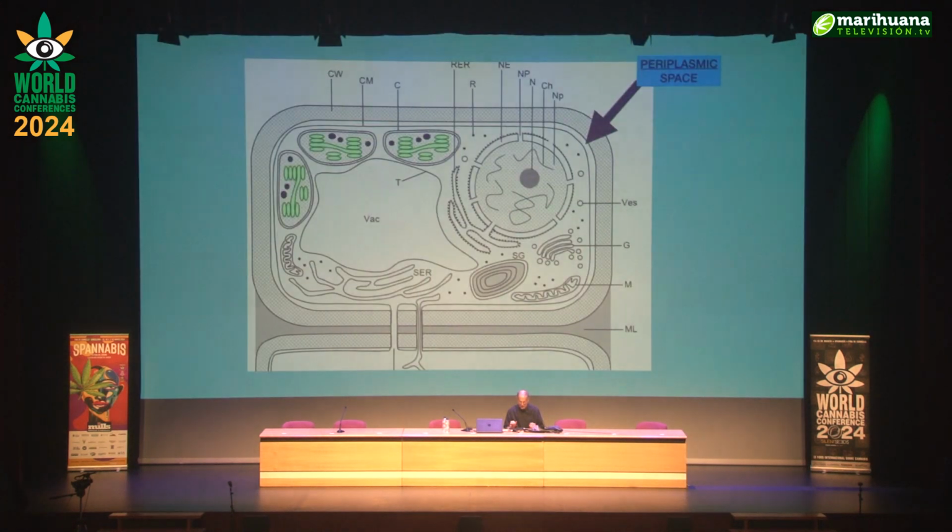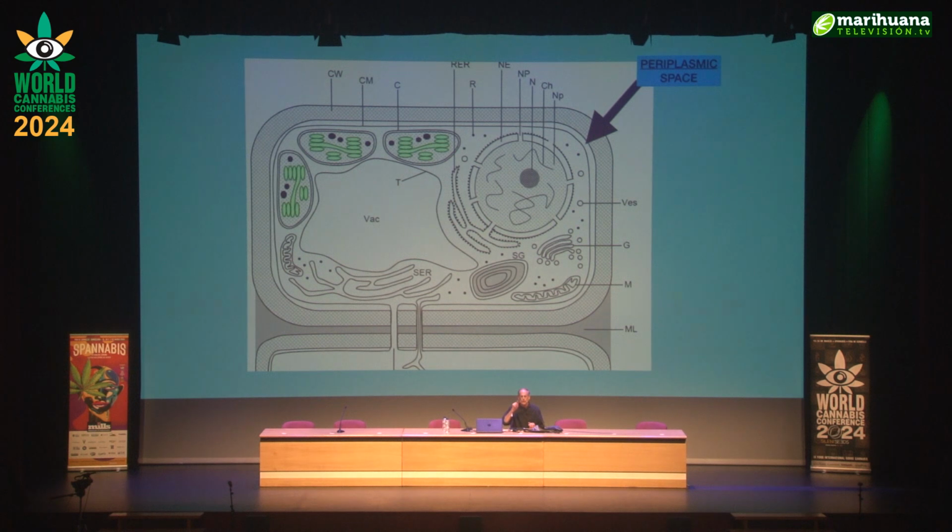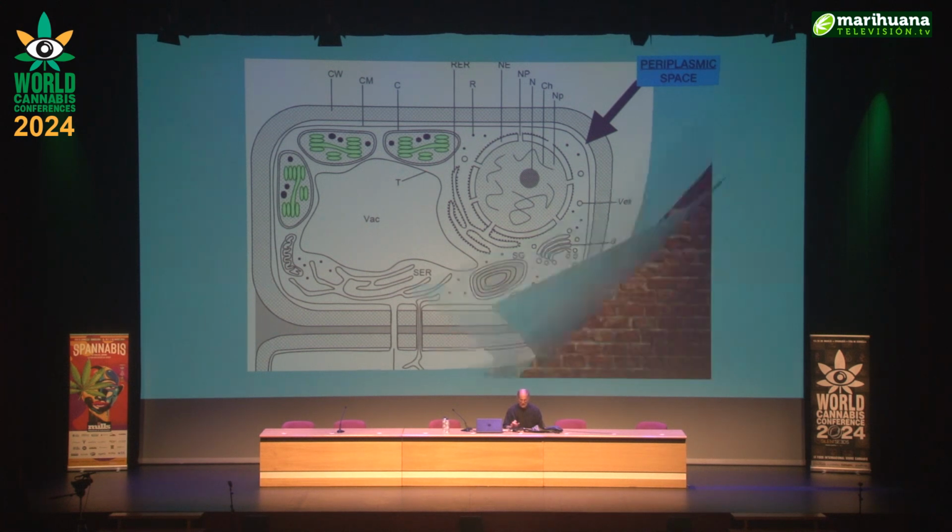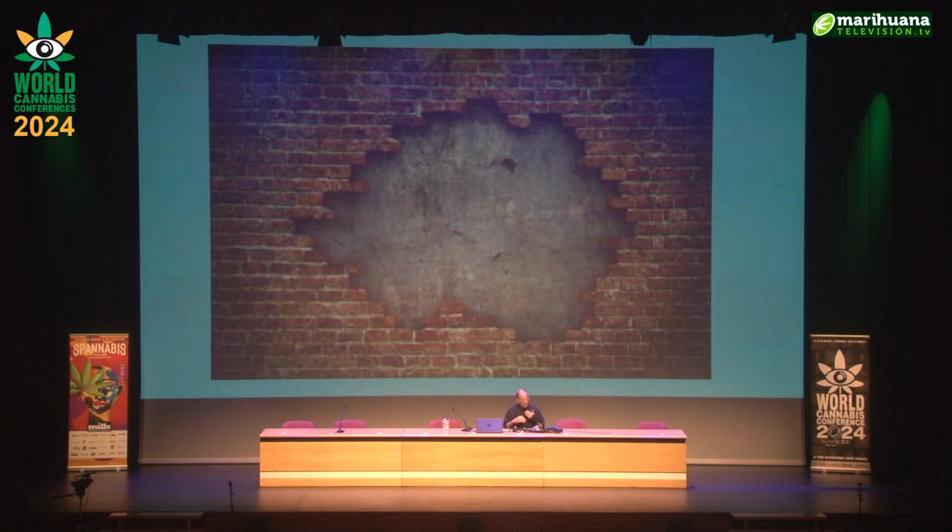And they break through the cell wall, and they end up in this area around the cell wall, but not inside the protoplasm, called the endoplasmic space. It's through the wall, but not all the way into the cell.